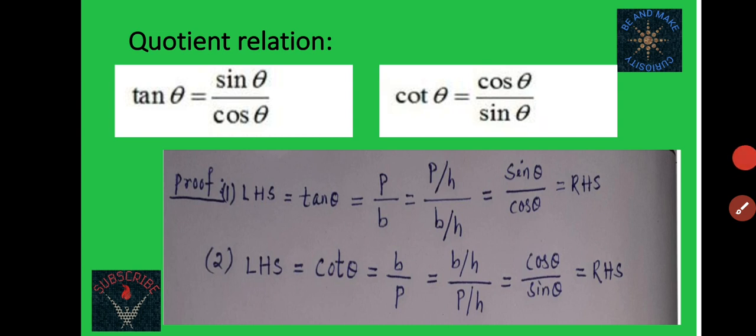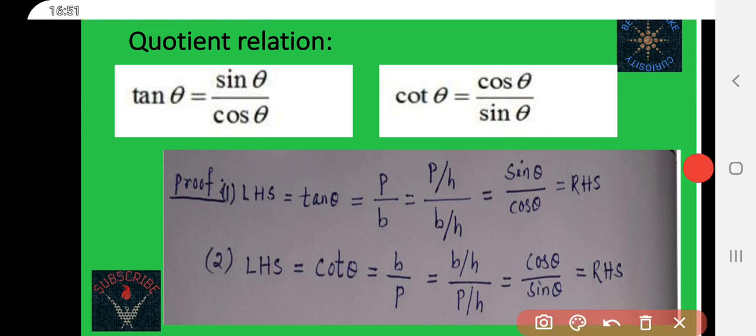Now come to quotient relation. Here you see tan theta is equal to sin theta by cos theta. Cot theta is equal to cos theta by sin theta.